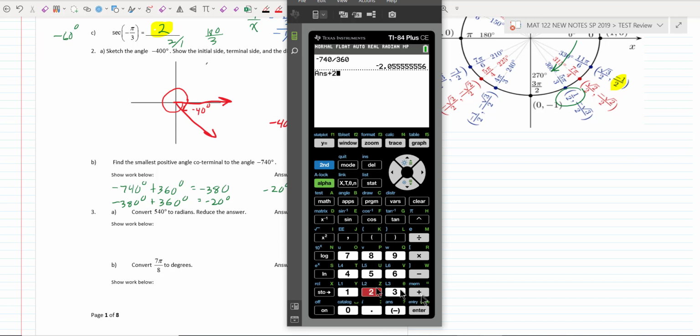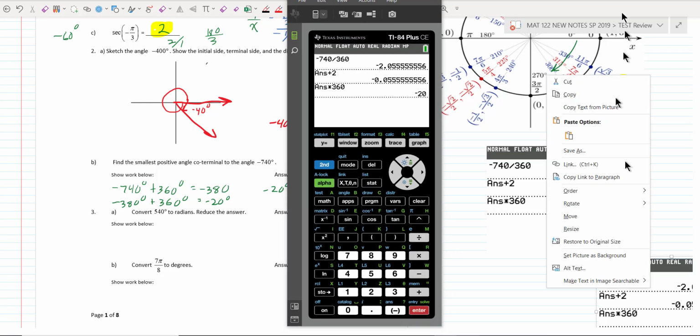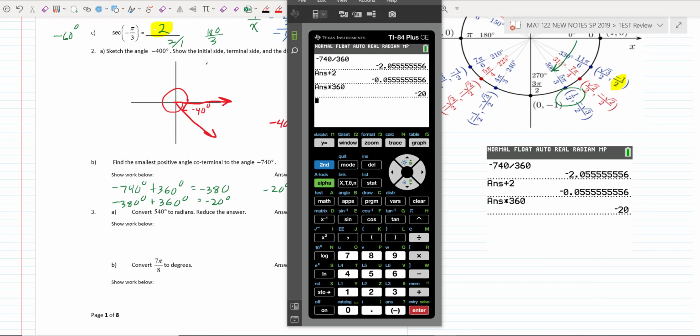So if I added 2 to this just to get this decimal part, now if I take that decimal part times 360, that would give you your 20 degrees left over like that. So you can also look at it that way and do it that way. That's beneficial to do it that way if you have a pretty big angle then.